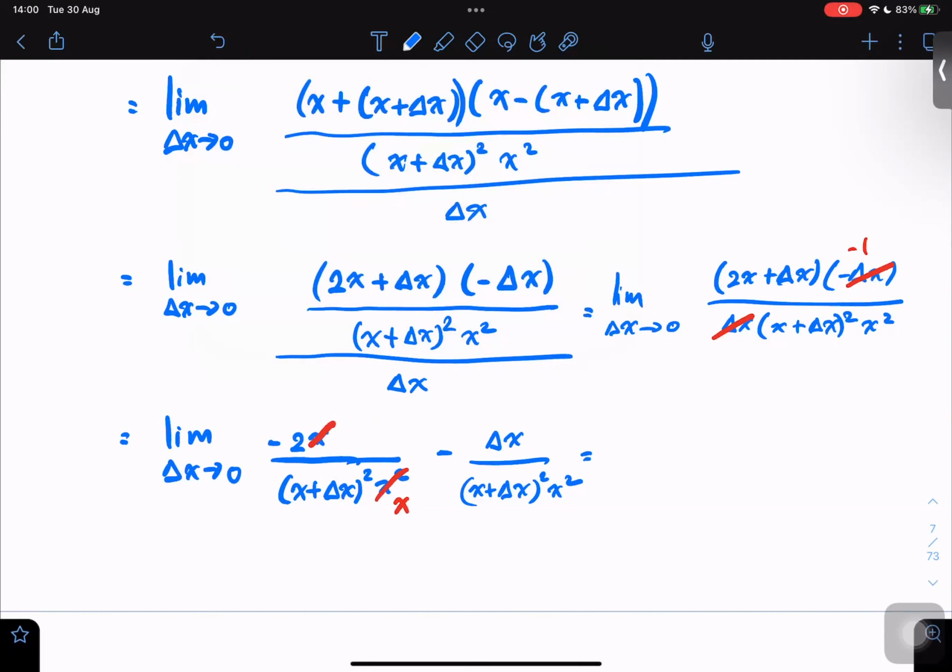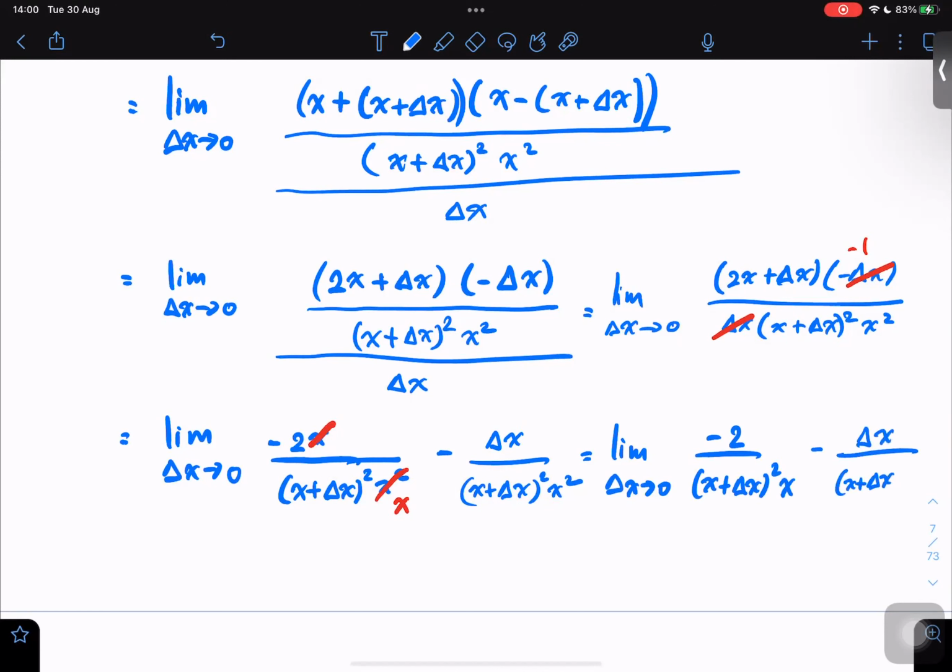Now you can take the limit. I will just rewrite it again first. The limit as delta x approaches 0 of minus 2 over x plus delta x squared x, minus delta x over x plus delta x squared x squared.